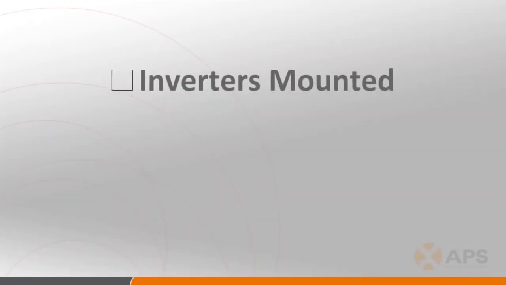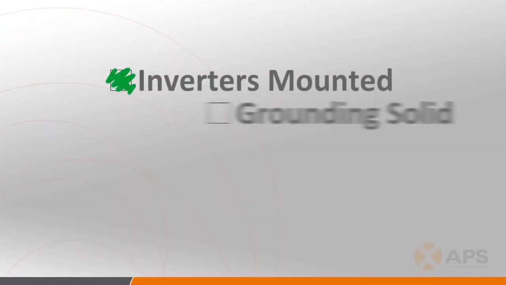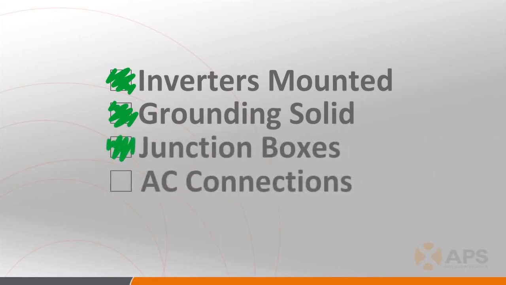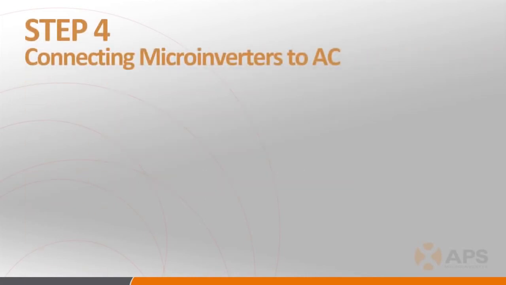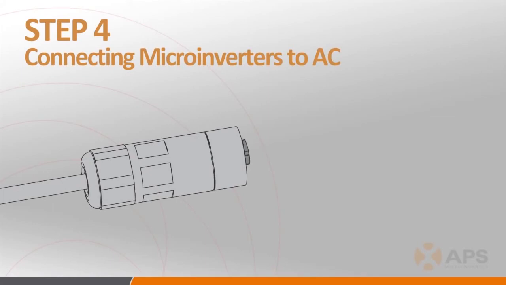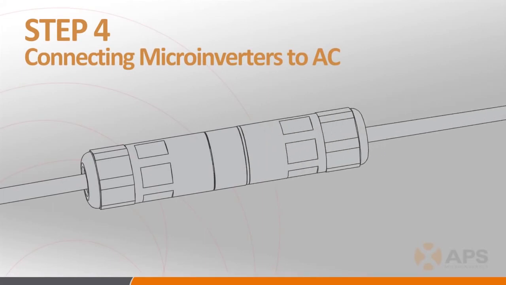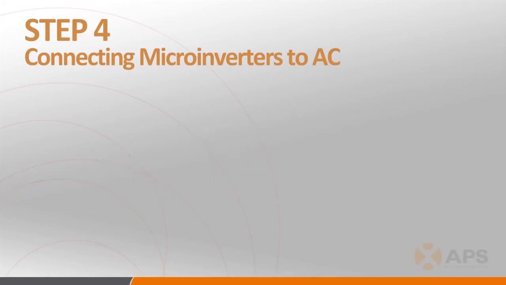With the inverters mounted on the racking system, the grounding all sorted out, and junction boxes installed in the appropriate locations, it's time to connect the microinverters together on the AC side. First of all, plug the AC female connector of the first inverter to the male connector of the next inverter, and so on, to form a continuous AC branch circuit.